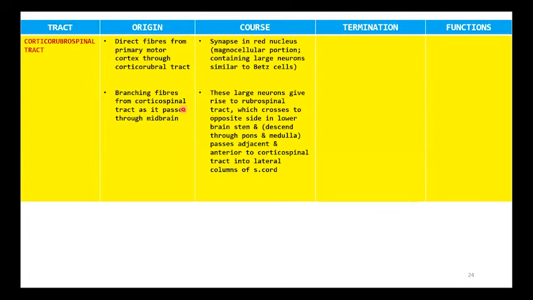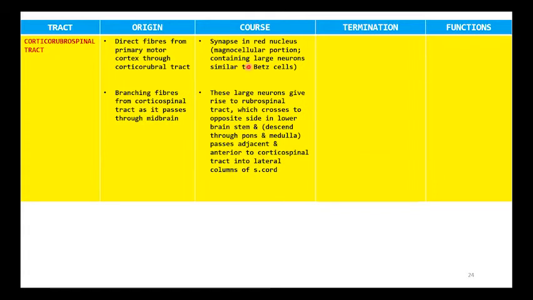And these pathways will descend through the red nucleus, and this red nucleus is located in the midbrain in the magnocellular portion. And this red nucleus also contains Betz cell-like cells. So we have just mentioned that within the primary motor cortex there are large pyramidal cells, giant cells called Betz cells, and cells similar to these Betz cells are also present in the magnocellular portion of the red nucleus as well.